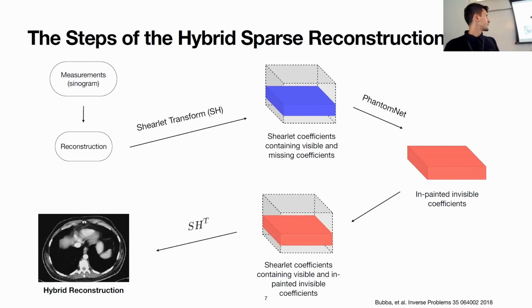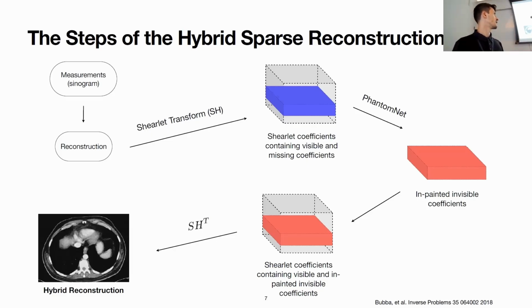So here we see in detail the entire diagram of the hybrid reconstruction for sparse CT. We begin with the measurements, in our scenario the sinogram, and after we apply the ADMM to the optimization problem that we just saw, we have the reconstruction. Up until this point, we have a reconstruction, which can be 512 by 512, and then we apply the Shearlet transform to it, which can be, say, 59 by 512 by 512. Into a trained PhantomNet, we can perform inference, which will give us the in-painted invisible coefficients.